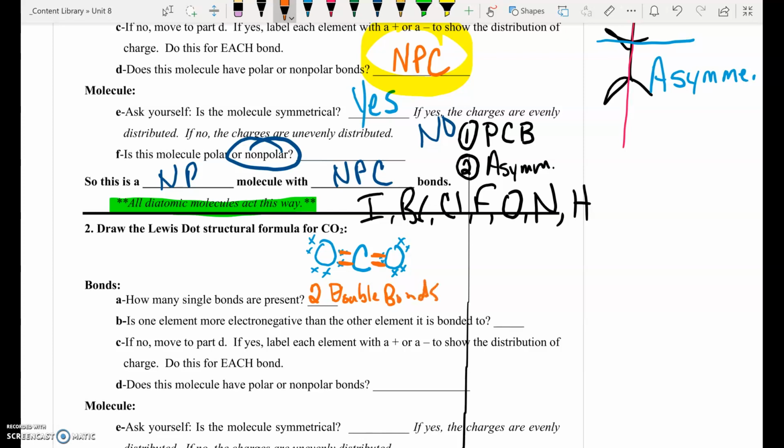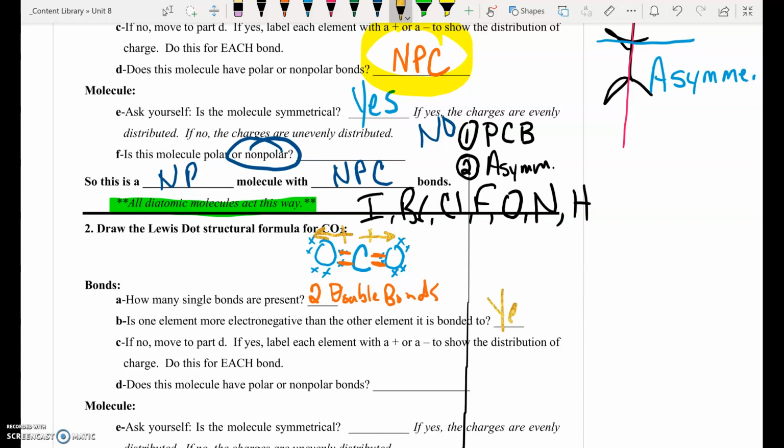Is one element more electronegative than the other? And the answer to that is yes. Carbon has an electronegativity of 2.4, where oxygen's 3.5. So that means there's going to be a charge distribution towards the oxygen side for both oxygens. So there's going to be an uneven charge distribution.